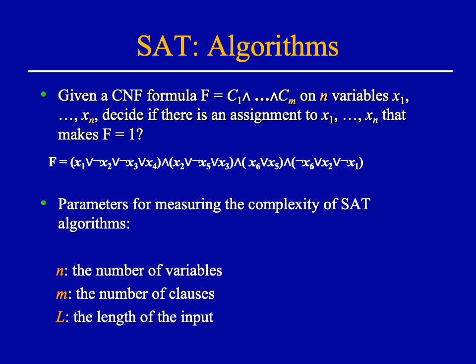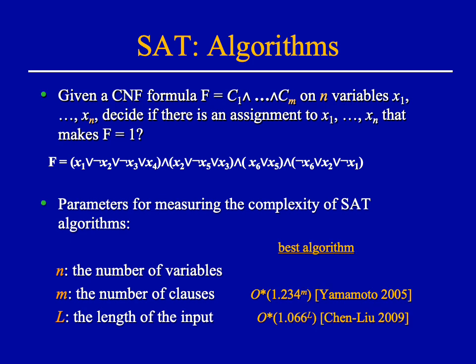The commonly used parameters are n, which is the number of variables, m, which is the number of clauses, and also L. L is the length of the input. That means once you give a CNF formula, you just look at the length of it and measure the complexity of the algorithm in terms of the length.